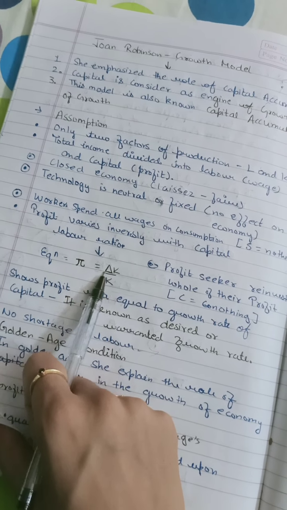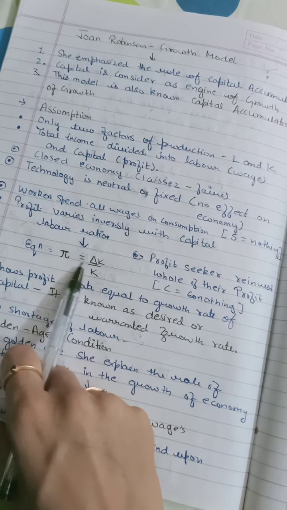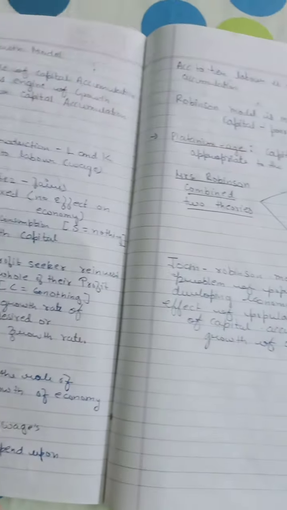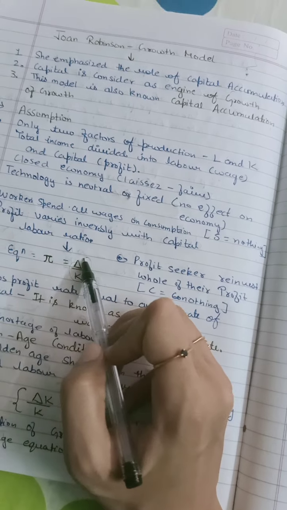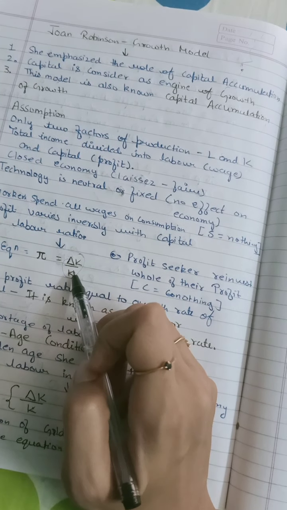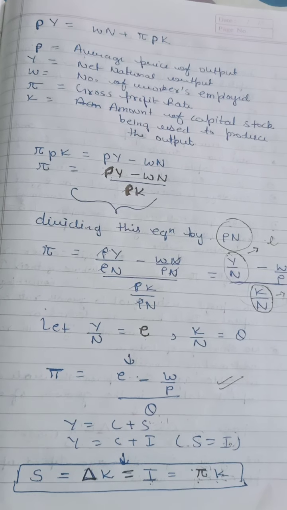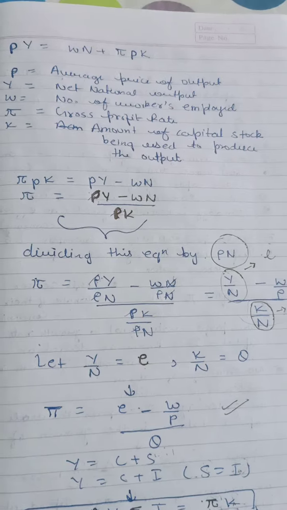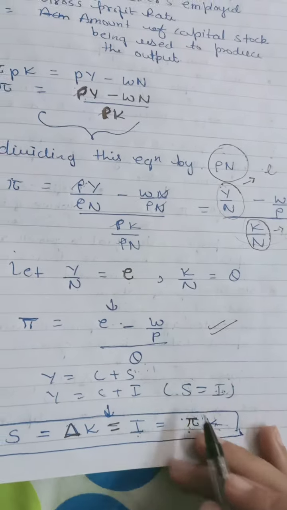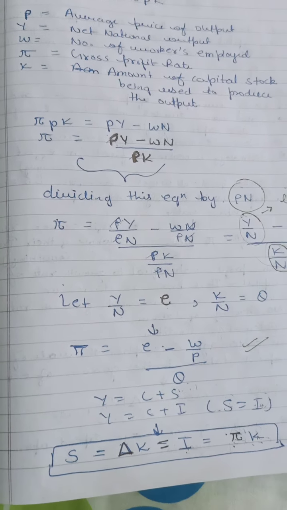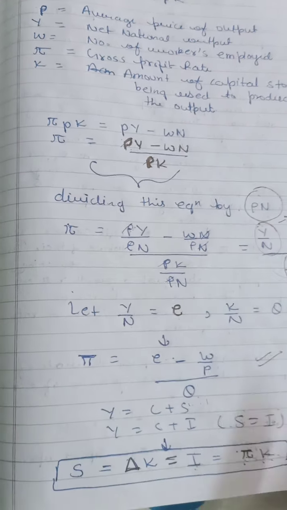Okay, so if we take it out from this, then change in K is equal to this. If we derive it from this equation 2, then we'll also get that the change in capital is equal to K into this. Okay, so this is the equation. We'll take this, that profit into capital is equal to the change in capital.